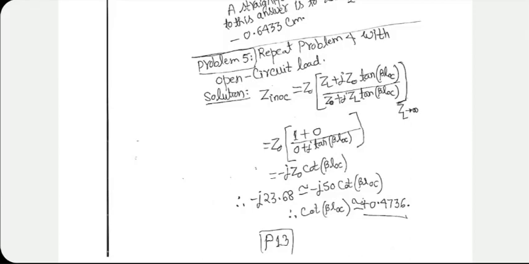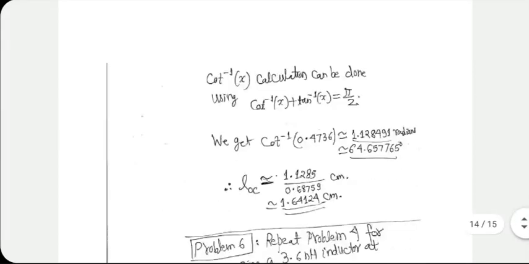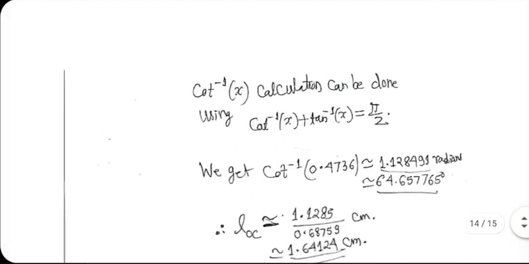Taking cot inverse on a calculator is not available directly. So I looked up trigonometric formulas and I found this formula. Hopefully I'm not wrong. Cot inverse x plus tan inverse x is always pi by 2. If that is true, let's find tan inverse of that and then subtract that result from pi by 2 to get cot inverse.